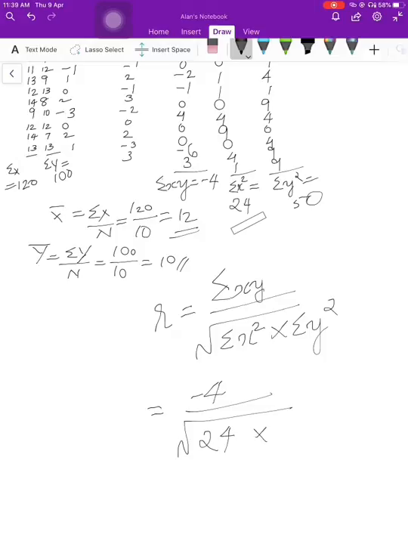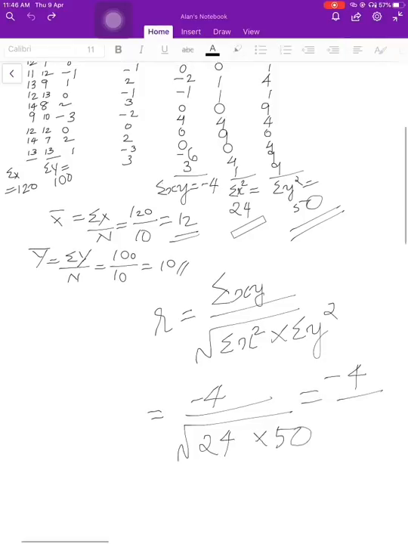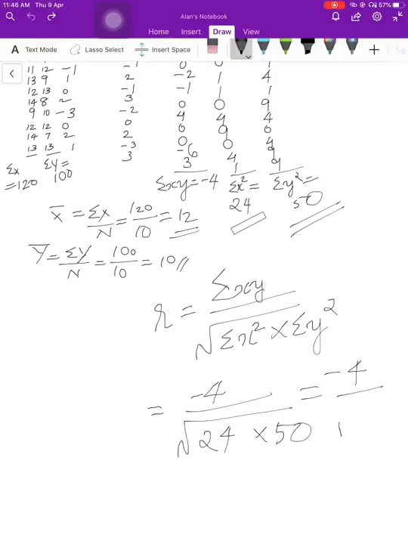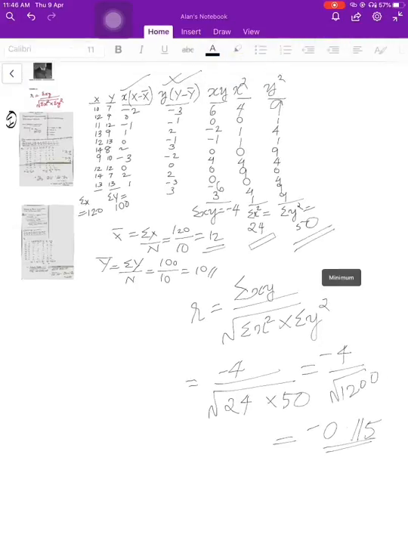Sigma y square, that is 50, right? 24 into 50 will be 1200, root of 1200, and you can do the calculations and you'll be getting minus 0.115. Okay, so this is the basic calculations.